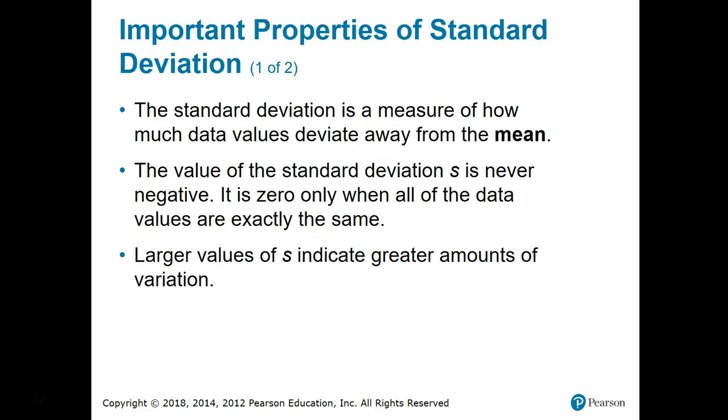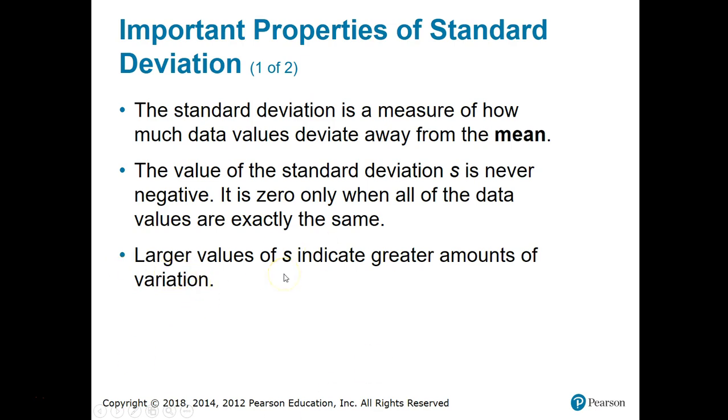Now, the standard deviation is a measure of how much data values deviate away from the mean. So S can be 0 if all the data is the same, but it can never be negative because it is a square root, and we are only taking the positive values of that square root.